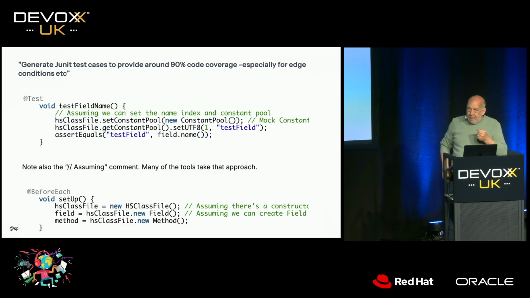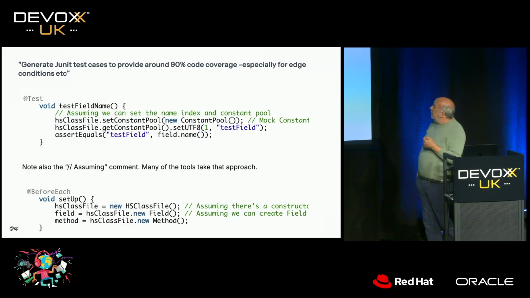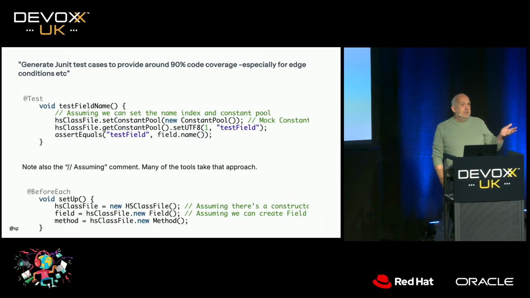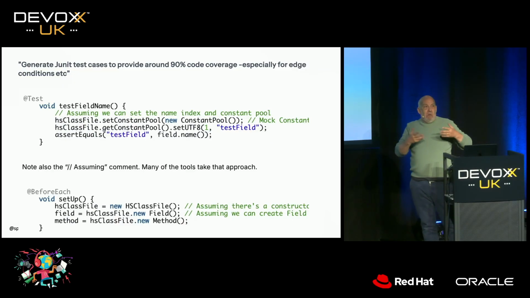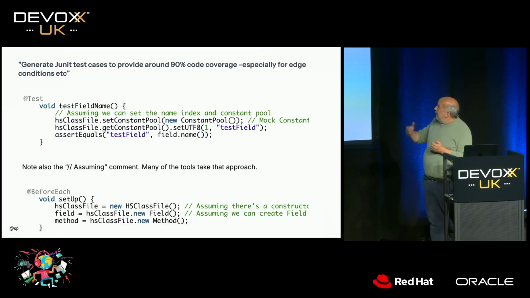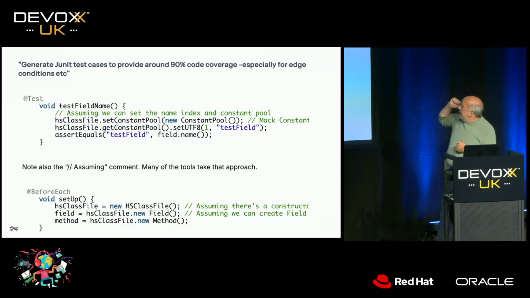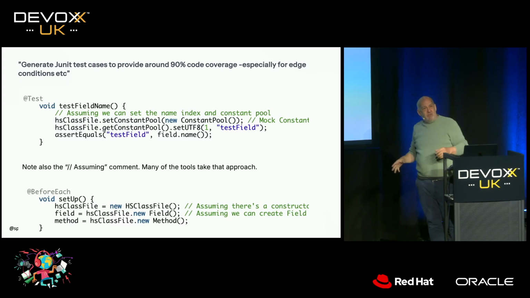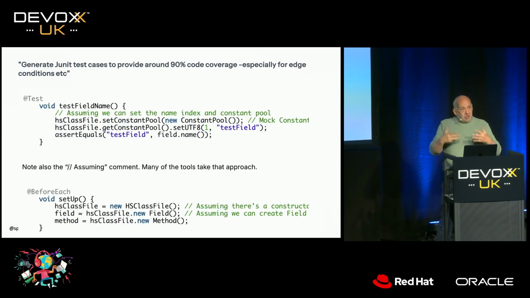And then I said, hey, generate some unit tests. And I gave it a goal, 90% code coverage. I don't know if that's going to work. I'm asking an AI to do something for me, and I'm assuming it's going to figure it out. And what did I get? I get test cases. And I'll tell you that actually when you get your head around this and you use it properly, it will generate really good test cases as long as you teach it properly.